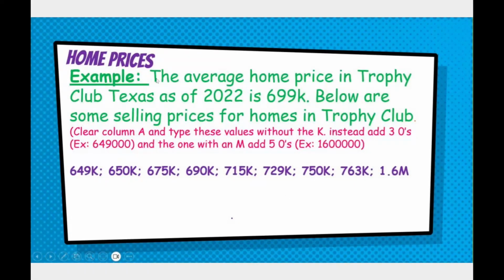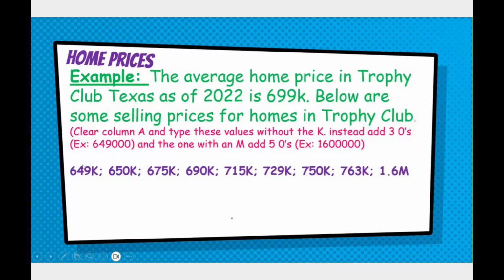So if you consider this, the average home price in Trophy Club, Texas in 2022, I looked this up on Google and had that thing come up, and it said the average home price was $699,000. So below are some random samples that I just chose from Trophy Club that were listed for sale at the time I did this.